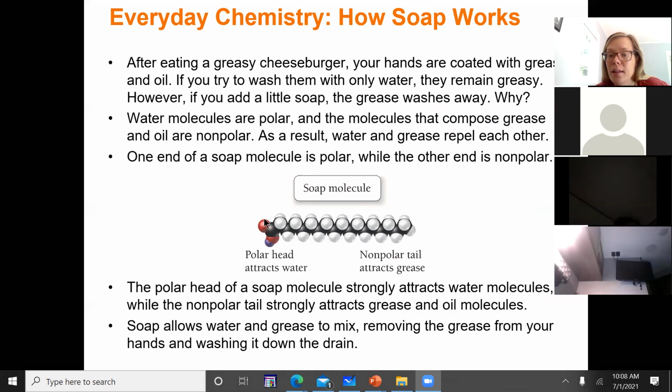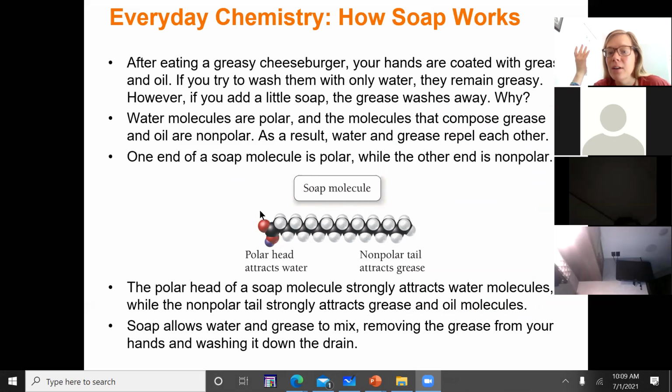On the other side, though, we have this polar head. Usually you make soap through a process called saponification. You take some sort of fat, whether it's animal or plant, and you use lye and you convert it by pretty much ripping part of it off and sticking a polar head at the end of it. And so that's what gives it its soap-like qualities.